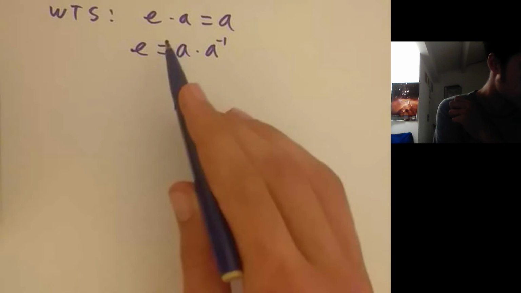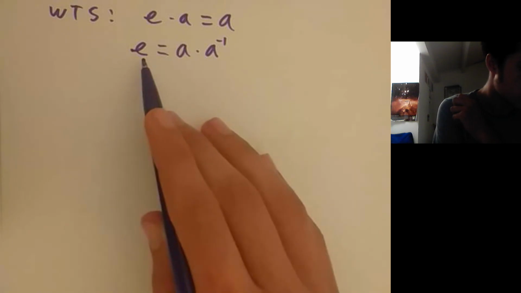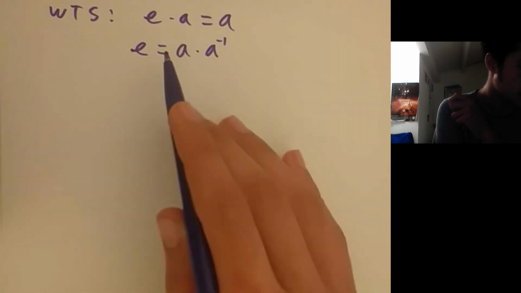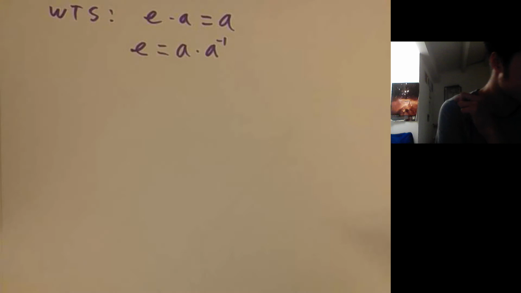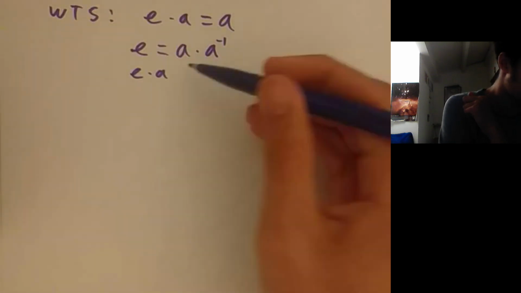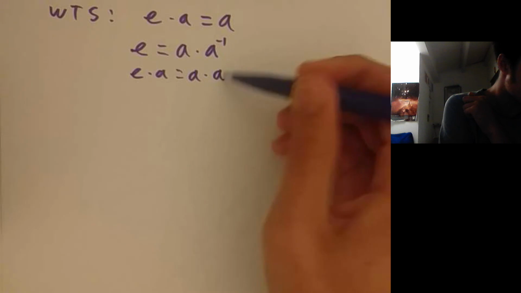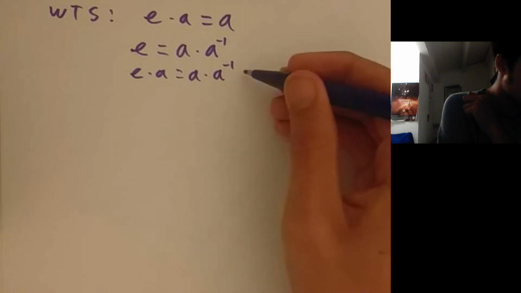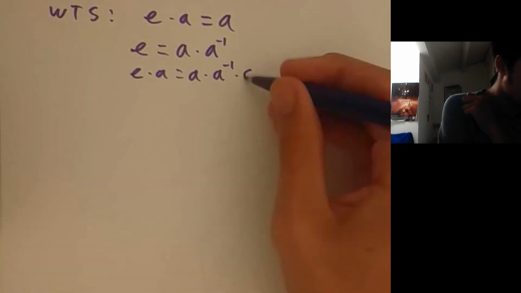So now in this equation we're going to right multiply by A. So we get E times A is equal to A times the inverse of A, and here we right multiplied by A.